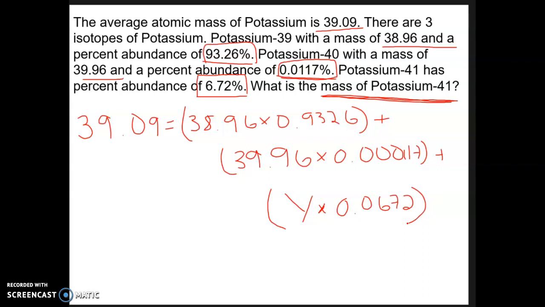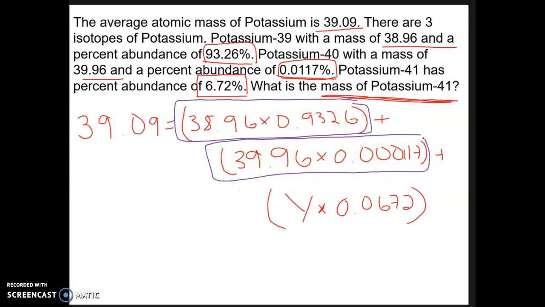So this is really just an algebraic problem. We're trying to solve for Y. To solve for Y, I'm going to do this first and add it with this. So let's multiply those and add them together. 39.09 equals, when I multiplied those, this 38 times the 0.9, I get 36.33.